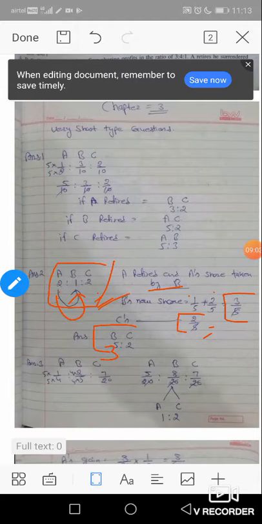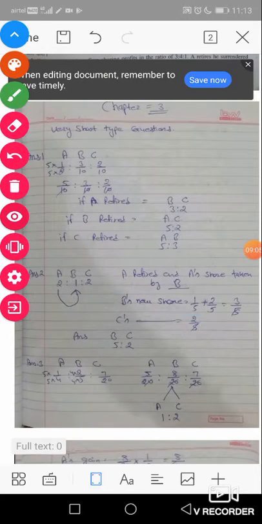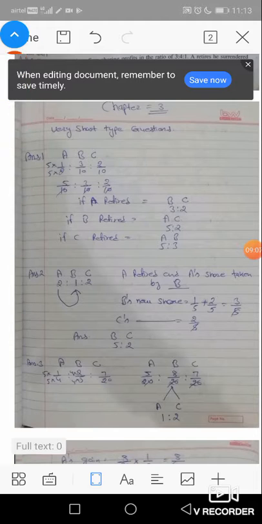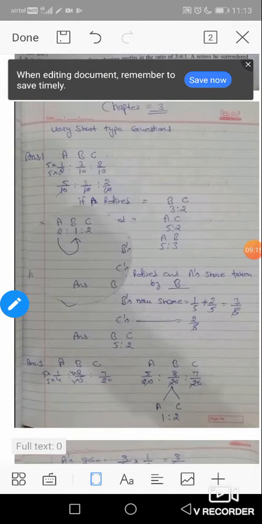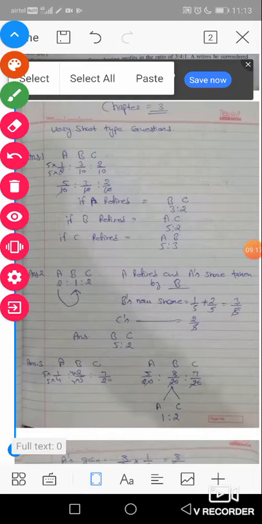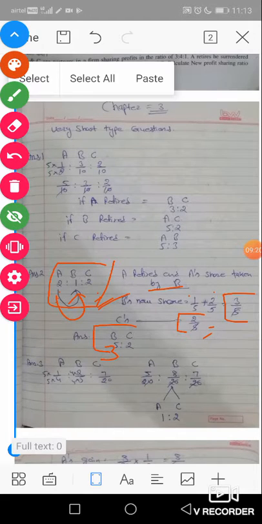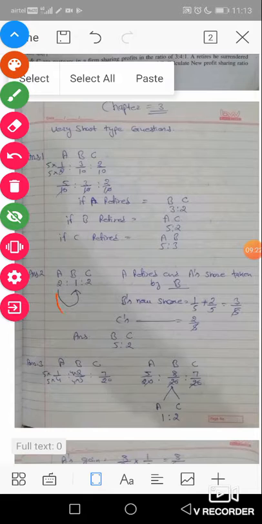So in this particular numerical, we saw a new type of ratio calculation. If A is leaving, his share is taken only by B. A's share is transferred into B's account.